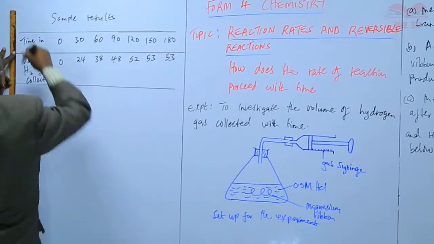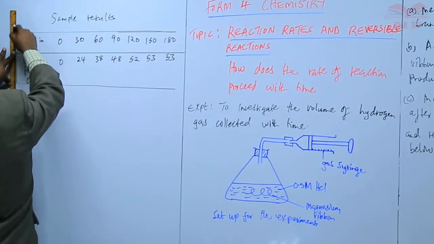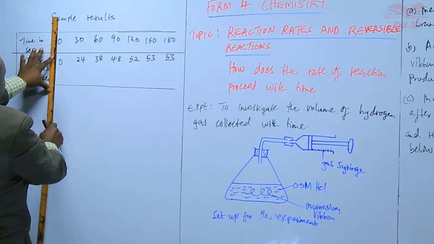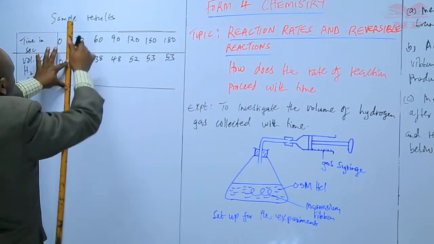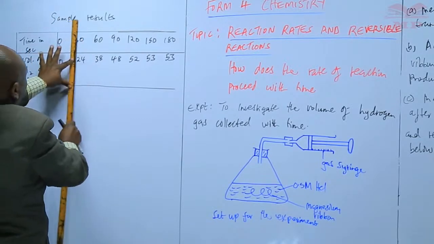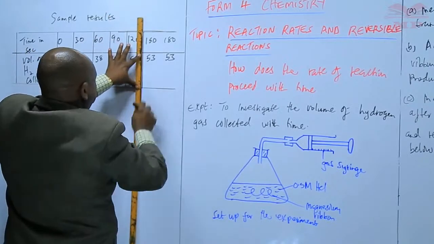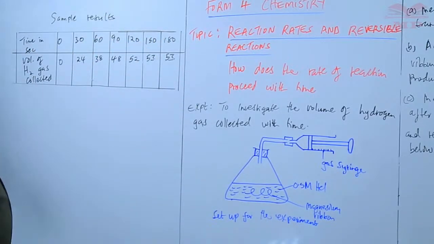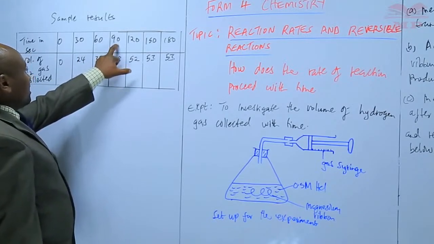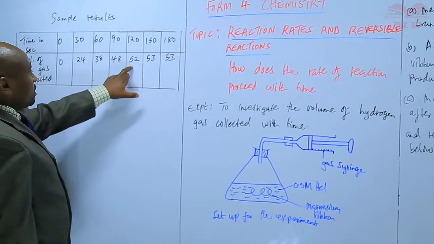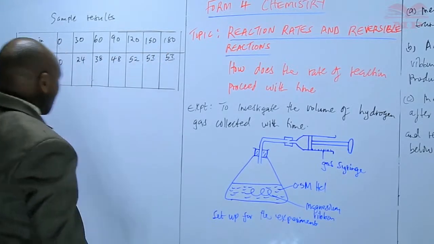Of course, we have not done the experiment practically, so these are a sample of results. At time 0, we had not collected any gas, that is at the beginning. After 30 seconds, we collected 24. At 60, we collected 38. At 90, we collected 48, and then 120, as we move on.